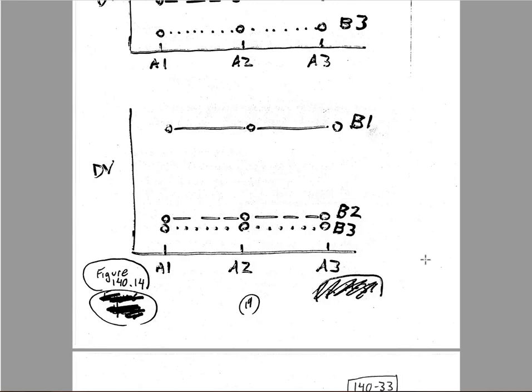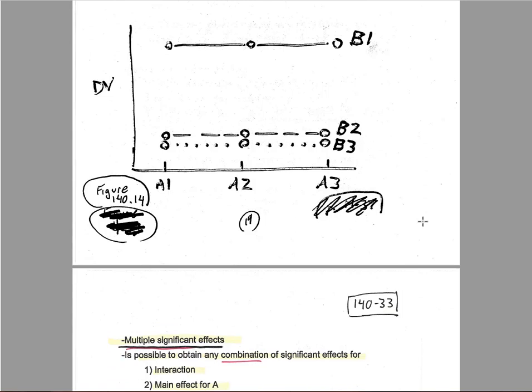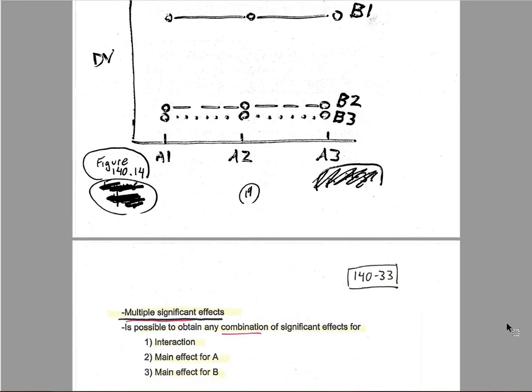Now comes the bad news. It gets more complicated than that. In a given investigation, you can get multiple significant effects. If you do a two-way ANOVA, it's possible to get any combination of significant effects.